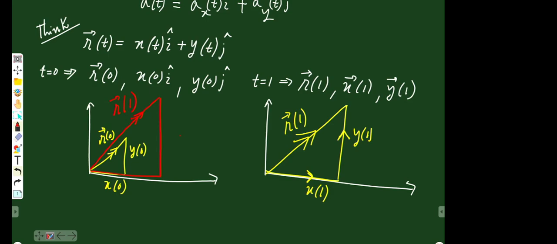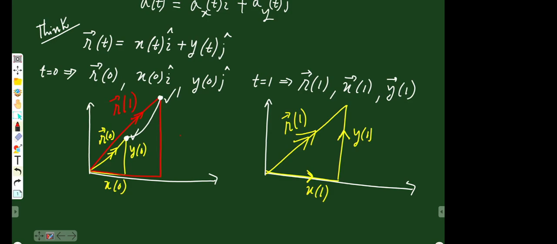Two different positions, right? So what has happened finally, this position is changed to this position within a second or within one time unit. Okay, so that means this has moved, not necessarily in a straight line, right? It has moved something like that, or somehow it has changed, right?